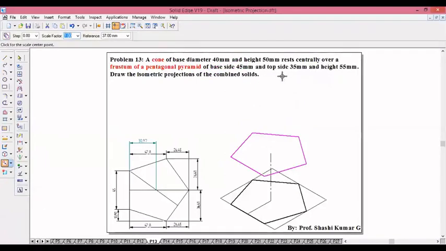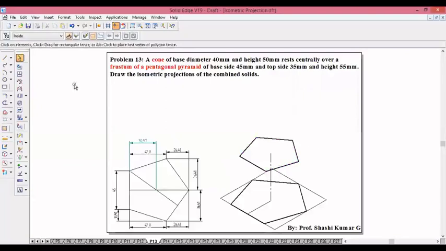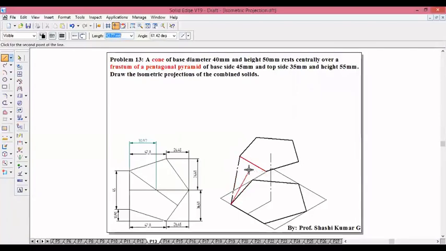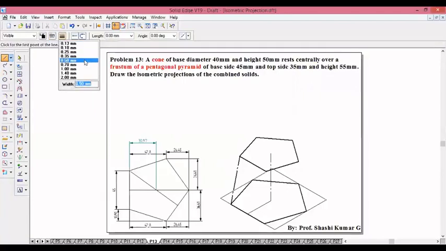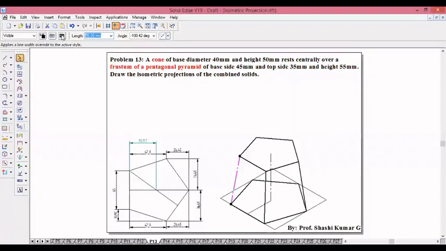The top pentagon side is 35, so the scale factor will be 35 divided by the original length 45. Place it on the endpoint. Join the corresponding corners using a thick line, and the line type should be continuous. Anyhow, the front three corners are enough. The rear end is going to be invisible.